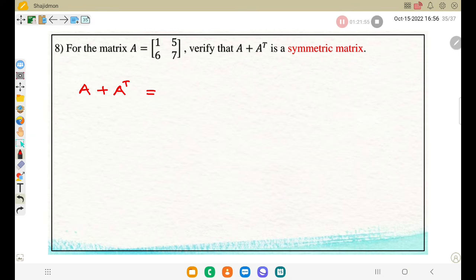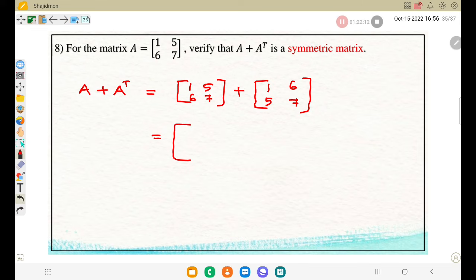A is 1, 5, 6, 7 plus A transpose, 1, 6, 5, 7. Now add these two matrices: 1 plus 1, 2, 5 plus 6, 11, 6 plus 5, 11, 7 plus 7, 14.